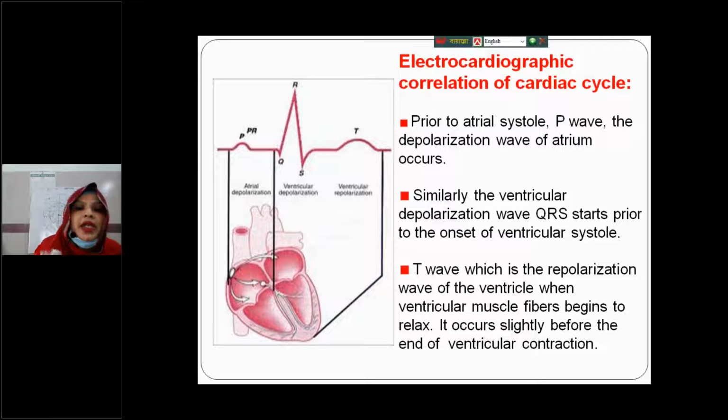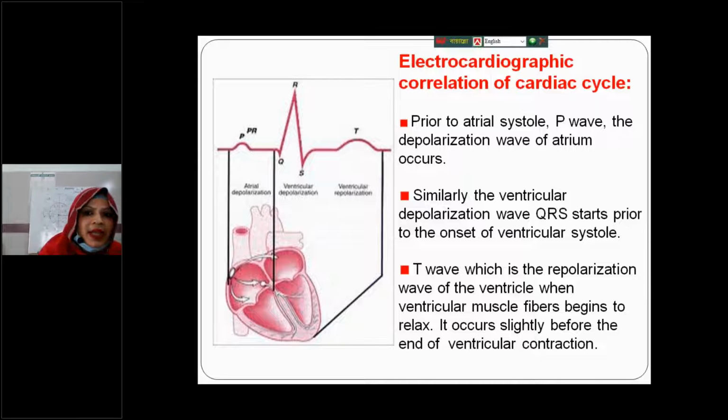See here, prior to atrial systole, the P wave, that is the depolarization wave of the atrium, occurs. That is, the P wave starts just prior to atrial systole. This is a very important thing.